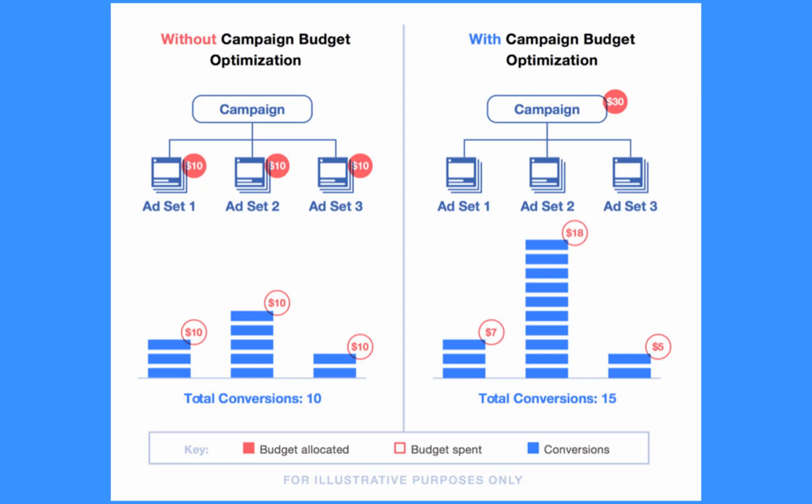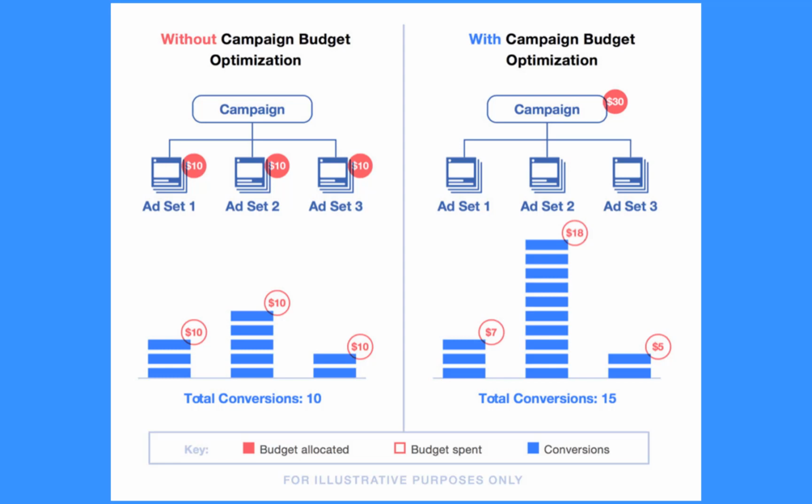So let's assume you are on a budget of $20 and you have 3 ad sets, right? Now your ad set 3 is the one converting the most. So Facebook will now allocate more budget to ad set 3. Ad set 1 and ad set 2 will also be receiving some budget, but it will not be as big as ad set 3.